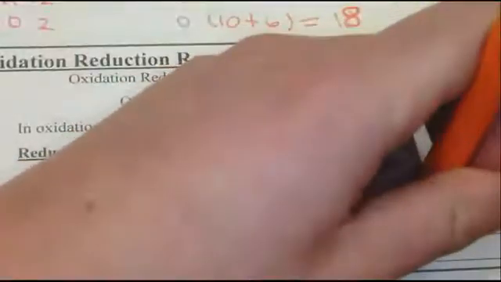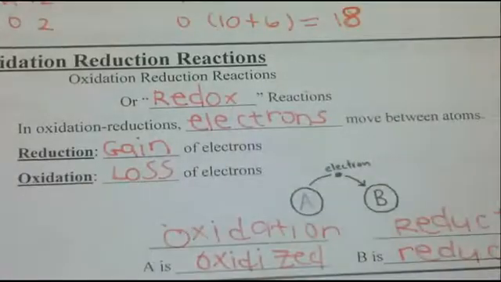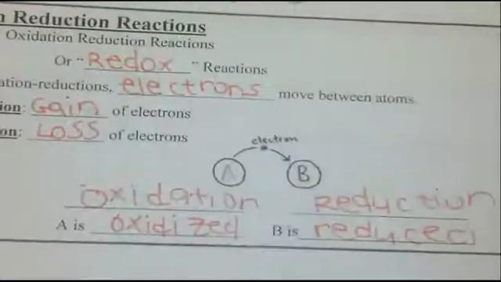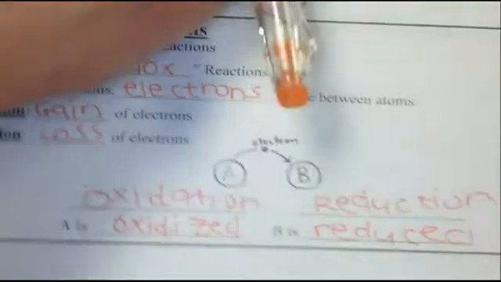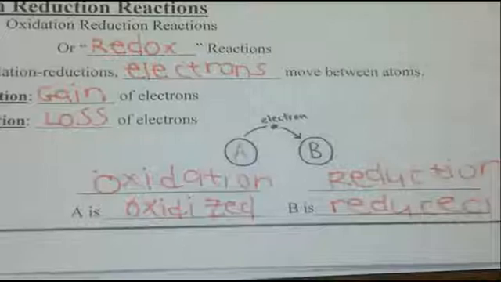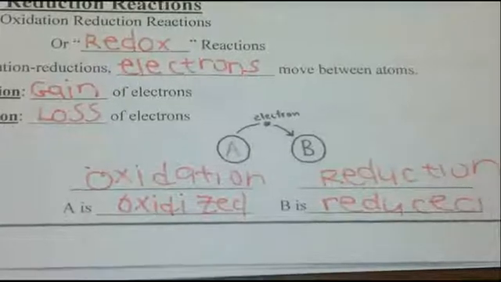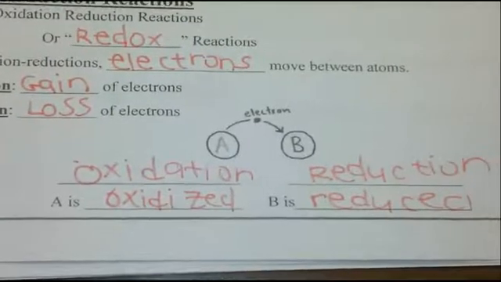So I know this seems counterintuitive because you're probably thinking, why is reduction gaining something? And that is a valid point. It is confusing. What is actually being reduced here is our oxidation number, though, because gaining electrons will cause a decrease in your oxidation number.